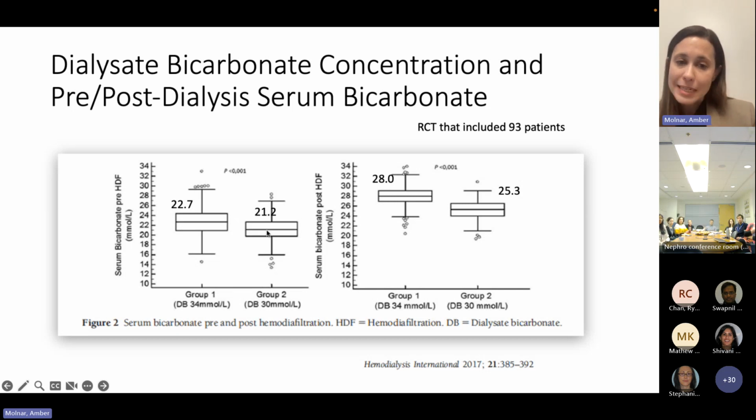They then measured the pre-dialysis serum bicarbonate and found really very little difference. When they measured the post-dialysis serum bicarbonate, they did find more of a difference, and those in the higher group were leaving with a serum bicarbonate in the alkalotic range at 28 millimoles per liter.